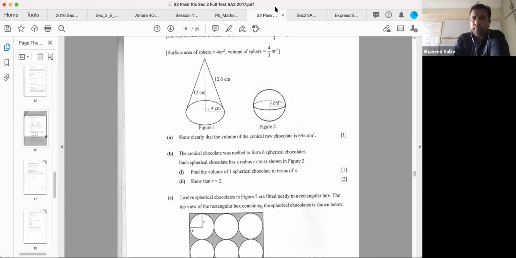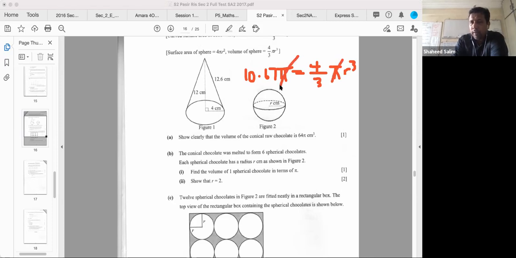Okay, good. So you can write like that, 10.67 pi is equals to 4/3 pi r cube. You can cancel the pi. This one you write in fraction is even better.